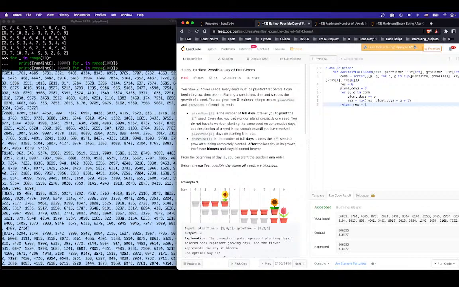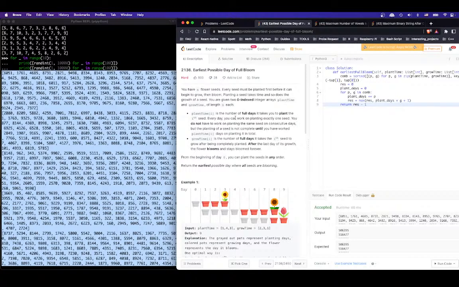And the second level is, why do you want to sort the plant time from small to large? We want to do that because we want to take advantage of all the wait time. So let's say you have a large plant time and a small plant time, and if you do the large plant time first, then during the planting, those days are wasted.